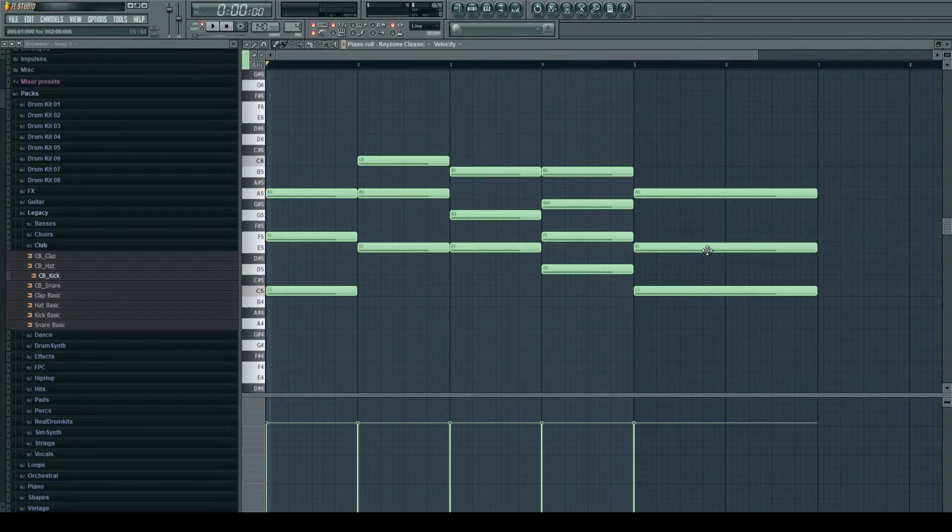See, now that one has a stronger ending, especially if you play around with the inversions, like the different positions.